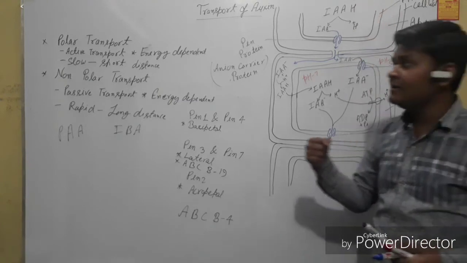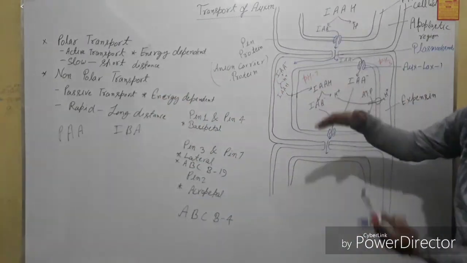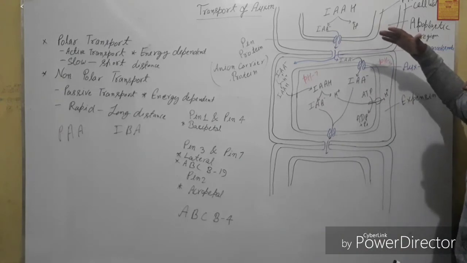That is why auxin is responsible for elongation of the shoot tip.